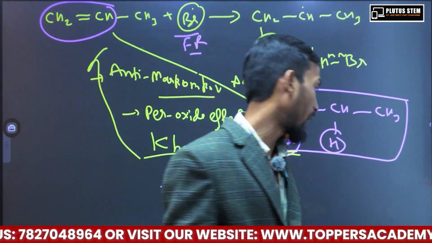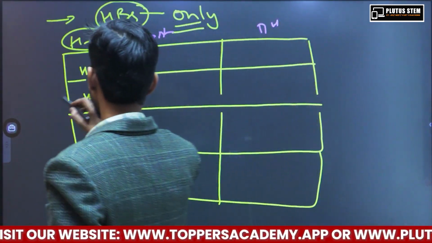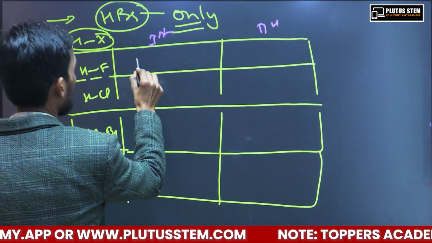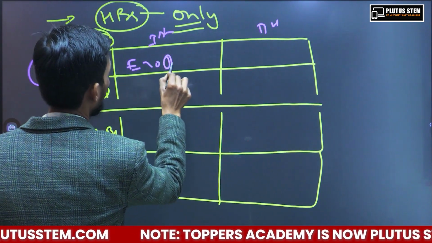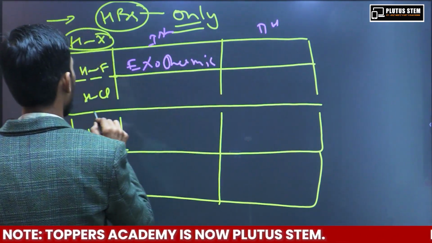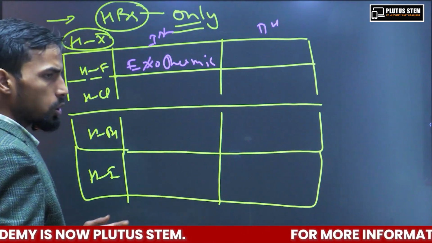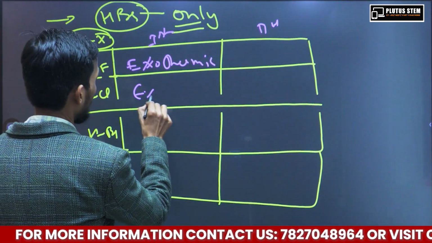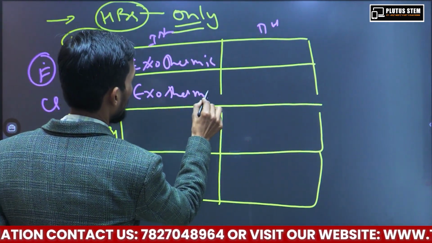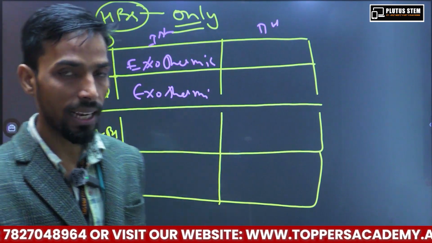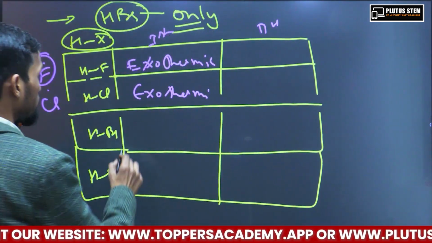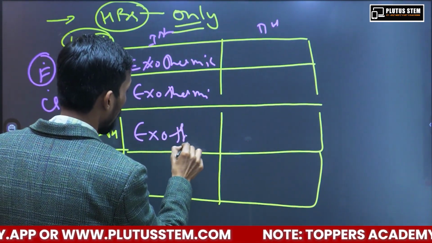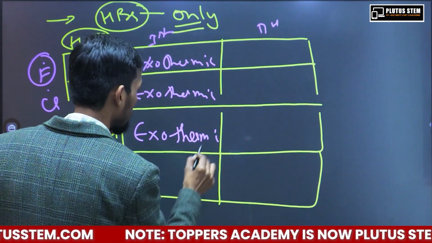So that type of reaction is exothermic. The free radical of F will be highly reactive, so it is exothermic. For Cl free radical, which is just near to fluorine, that is also an exothermic reaction. And regarding bromine, compared to that, it is relatively less exothermic, but it is also an exothermic reaction.